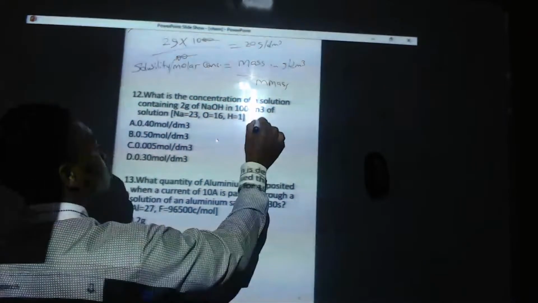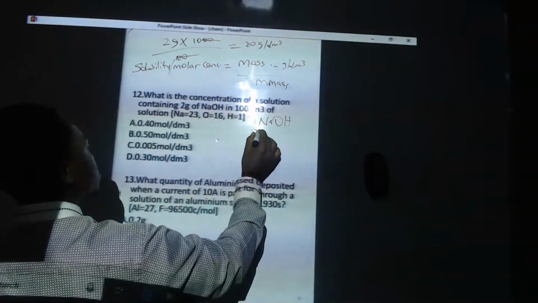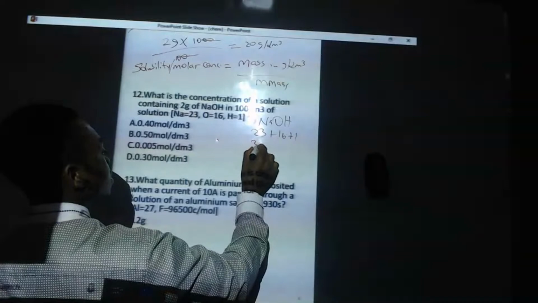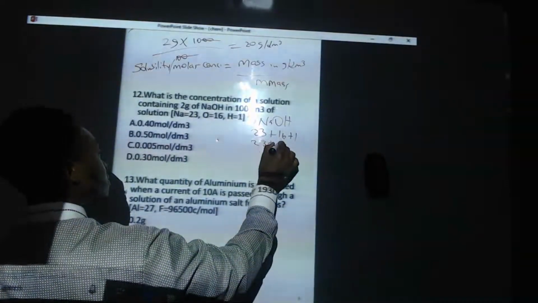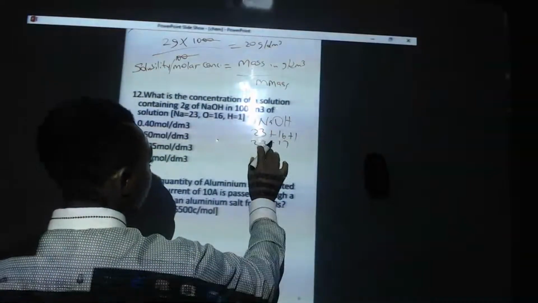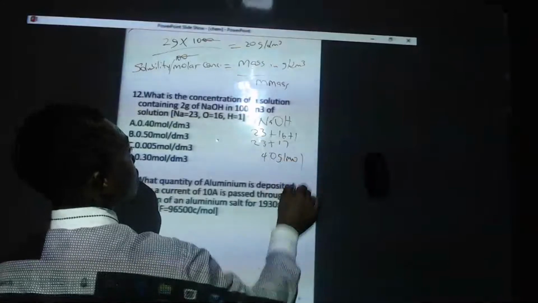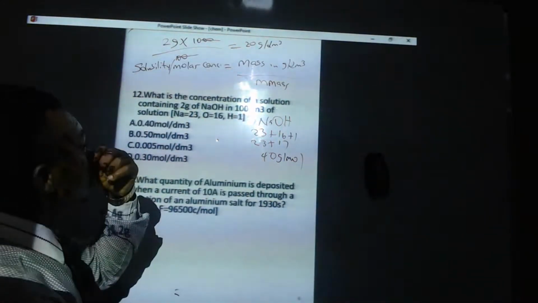Remember, sodium hydroxide: sodium is 23, plus 16, plus 1. This is 23 plus 17, which is 40. So very easy here.